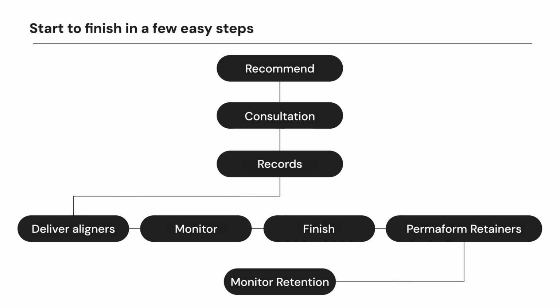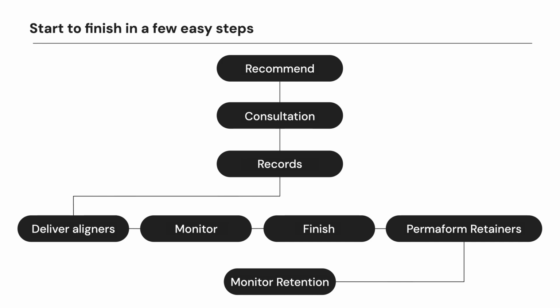And then also at the same time, you may take records or you may schedule to have the patient come back. At the records/consultation visit, you're going to want to make sure you cover some basics with the patient about informed consent, so that they know about clear aligner therapy, what to expect, what contingencies could occur, and how it all is going to fit and work for them.